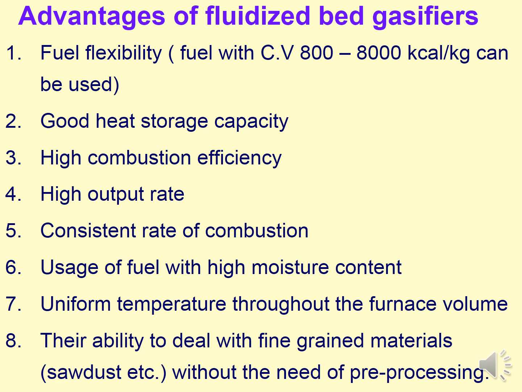So the advantages are fuel flexibility, around 800 kilocalorie per kg can also be used, up to 8000 also you can use. Good heat storage capacity, high combustion efficiency, high output rate, consistent rate of combustion, usage of fuel with high moisture content, uniform temperature throughout the furnace volume, and ability to deal with fine grained materials, that is sawdust can also be used.